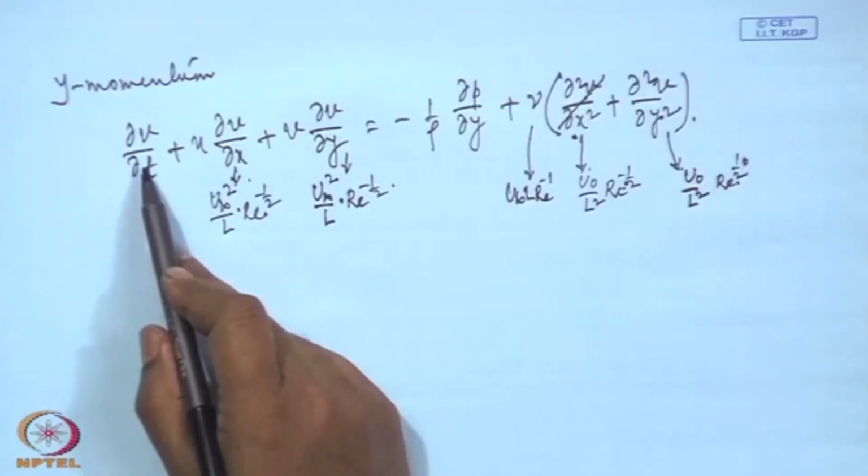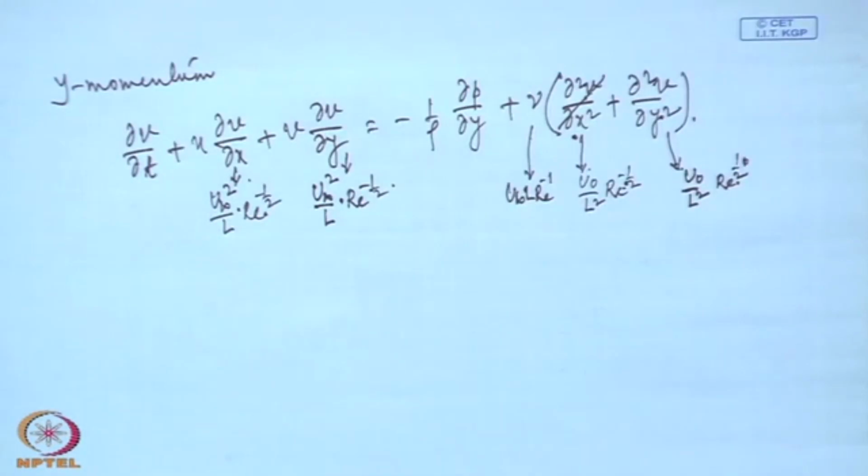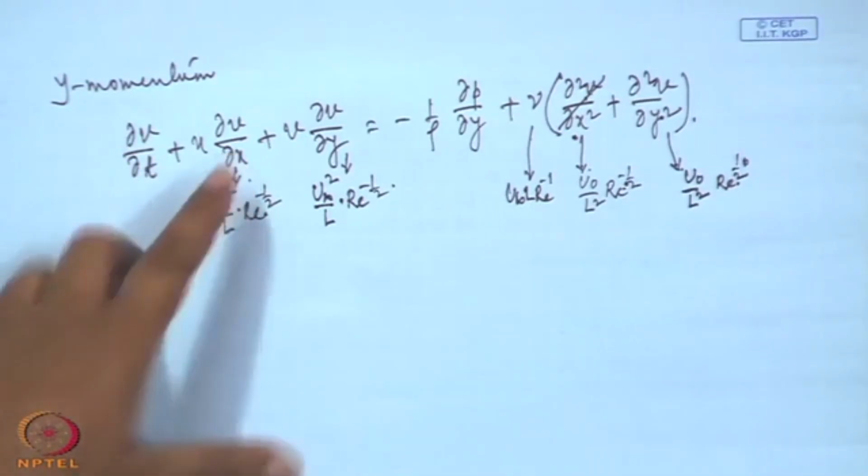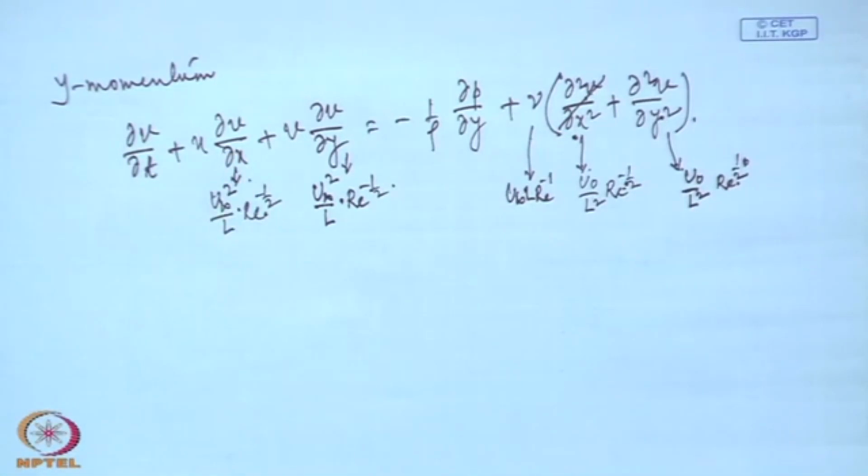Okay. Come to the first term. T is again of the order of L by u infinity. So this dV dt term also has this type of order, u infinity squared by L Re to the power minus half.